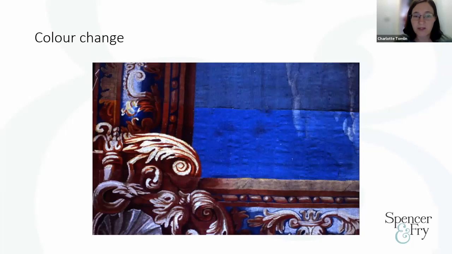You can see in this image a tapestry, and for many years the bottom of the tapestry was folded up and wasn't on display. You can see that the bottom of the tapestry is much brighter colours than the bit above, which is much more faded and dark. So yeah, colour change and fading is caused by exposure to light.